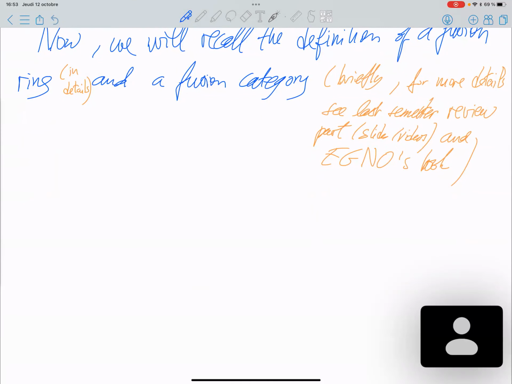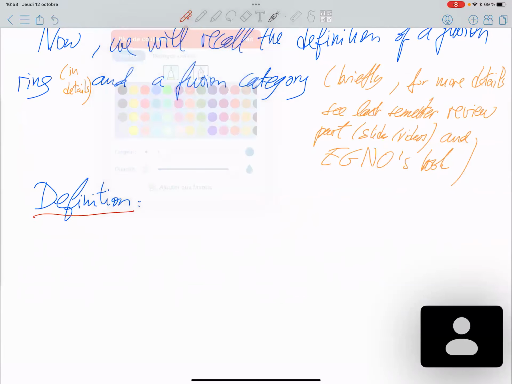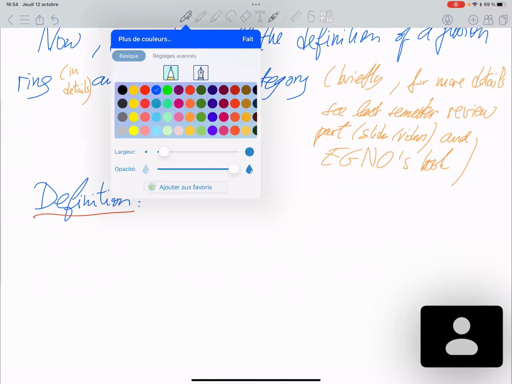Definition. I will define what a fusion ring is, and to do that, I need to define what a fusion data is. I will just write the title, in fact we have no time to write more details.